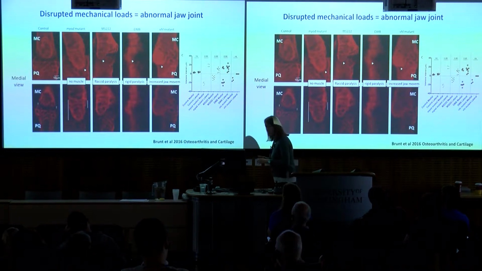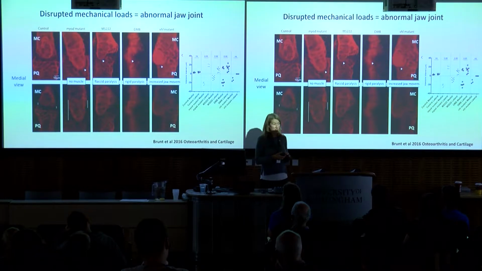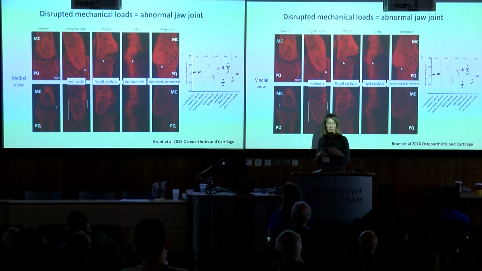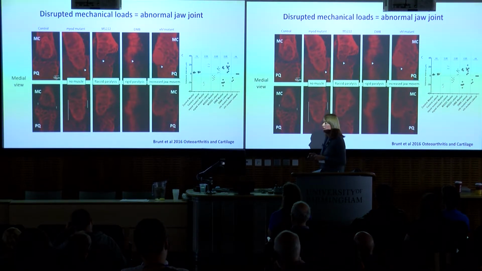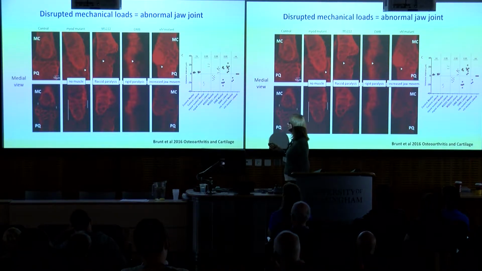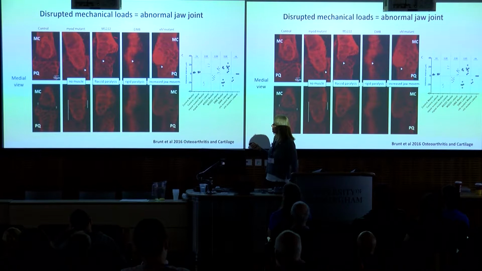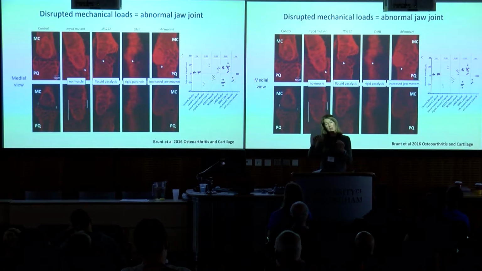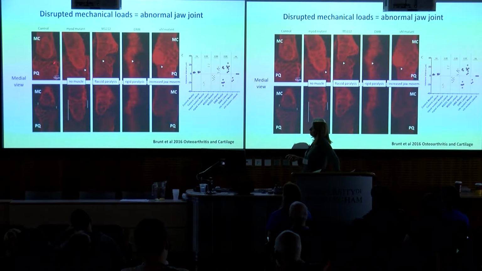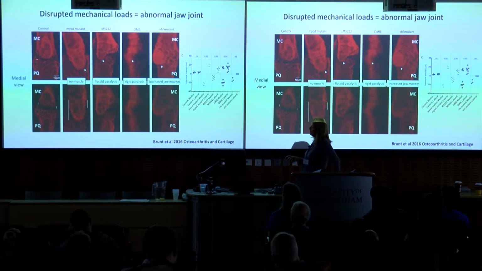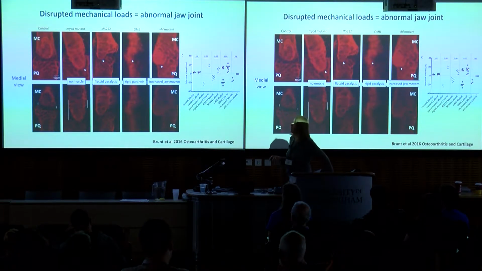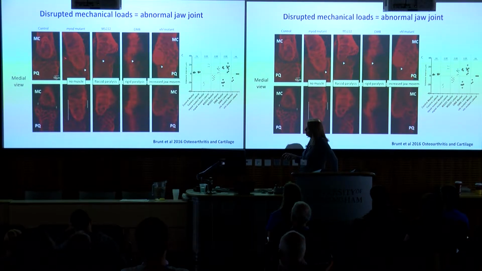Also, and this is where my colleagues are particularly interested, because they're interested in arthritis and how mechanical loading might disrupt joint formation, when we look at our different types of fish, different mechanical loads disrupt the jaw joint. And it does it in quite a consistent way. So here's our normal jaw joint, between the Meckel's and the palatoquadrate, and there's a nice even distance at the interzone between those two joints, and you can see that they meet quite neatly.